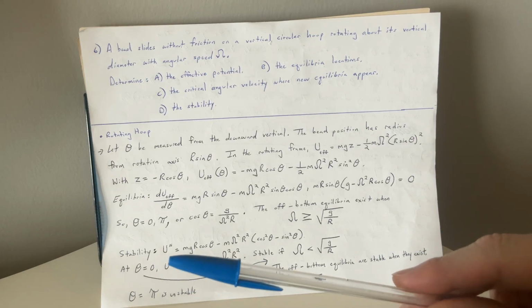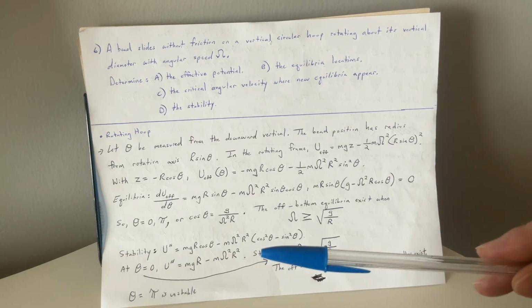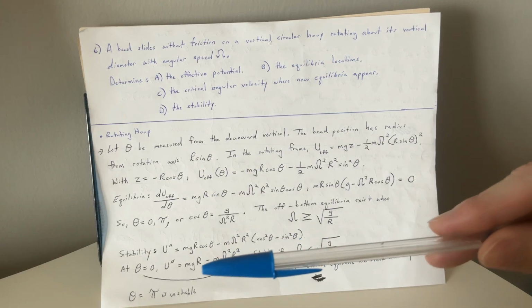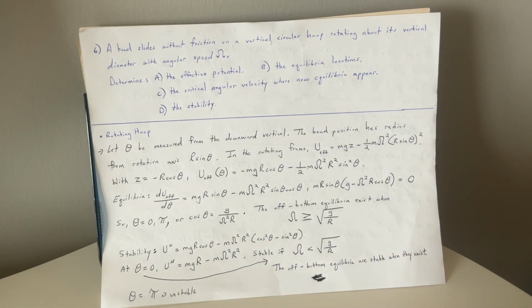And for our stability, U double prime equals mg r cosine theta minus m omega squared r squared times the quantity cosine squared minus sine squared. And at theta equals 0, U double prime equals mgr minus m capital omega squared r squared.